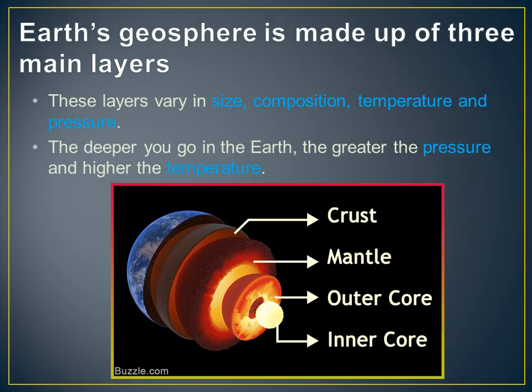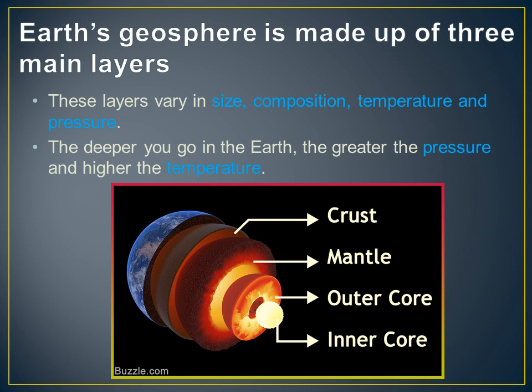Now, what about these layers? Well, the layers vary; they differ in size, composition, temperature, and pressure. Now we'll look at the first two, size and composition of each layer.